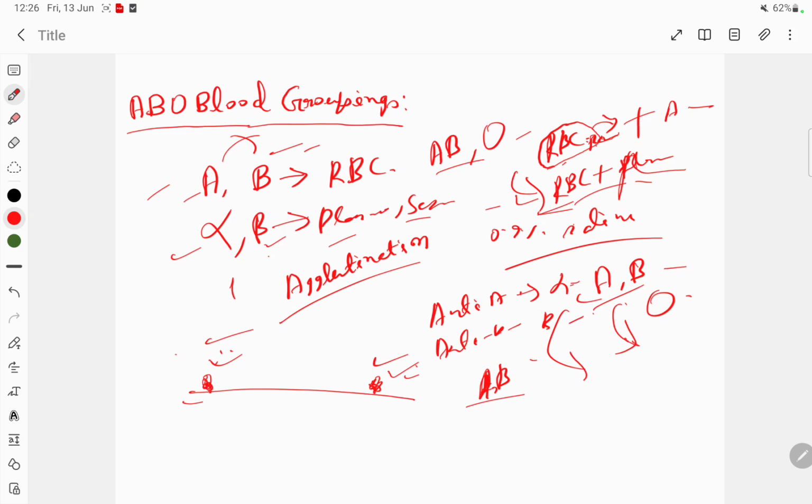The agglutinogens start appearing after 6 months of fetal life, and at birth they are 1/5 of the adult concentration, which reaches the adult level at the time of puberty. But the agglutinins develop only after 2 to 3 months of birth, not during fetal life.